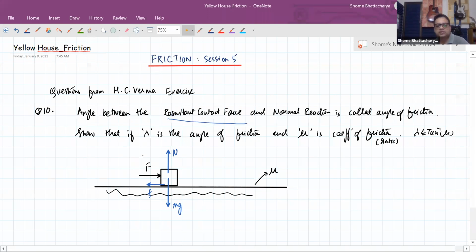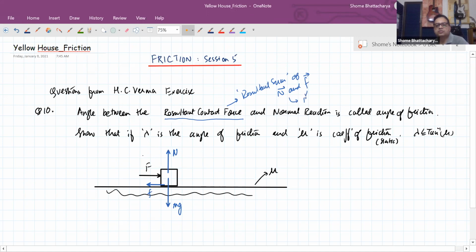So this thing that they've explained here is the resultant sum of normal reaction contact force and friction, because both of these are contact forces.